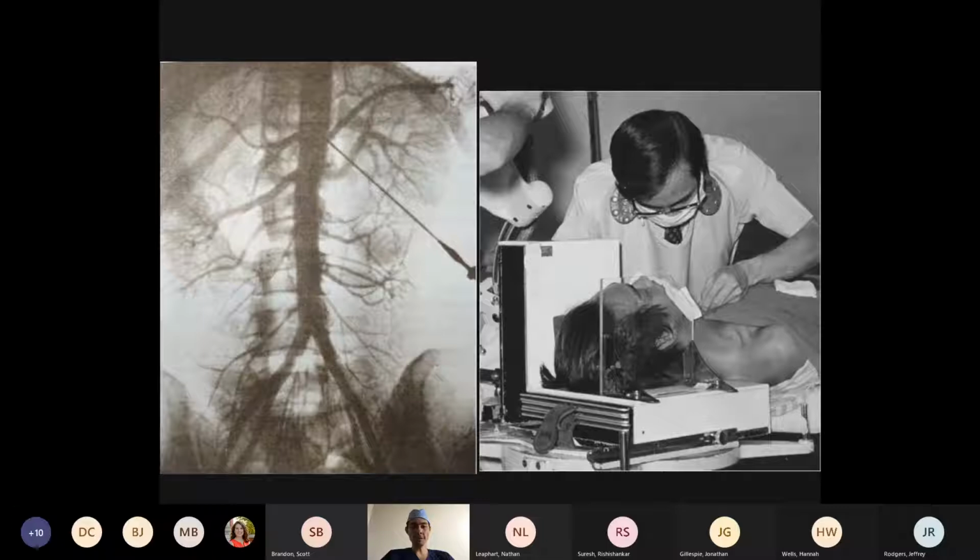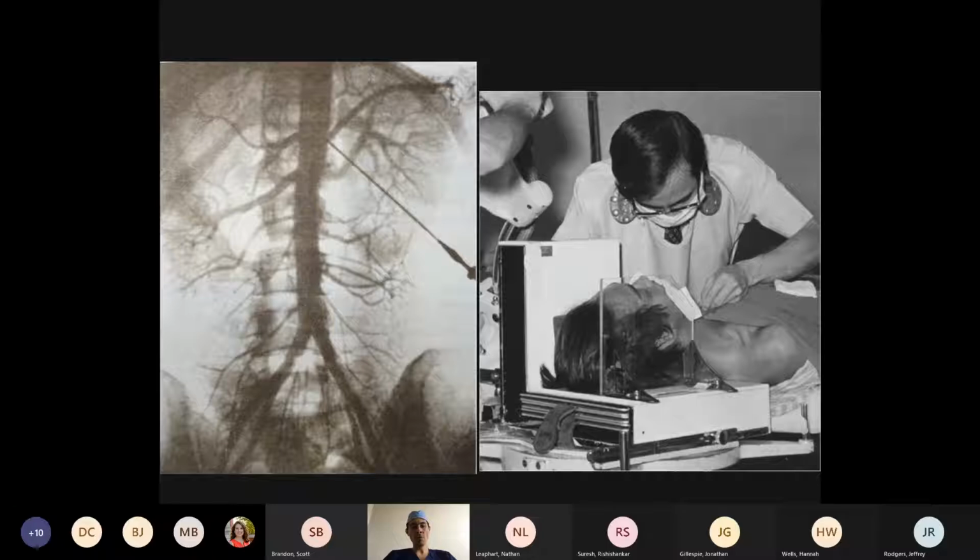This is the way aortograms were obtained in the past. You can see, coming from the left side of the patient, a really big needle stuck in the patient's back and all the way into the aorta, so a direct stick of the aorta.